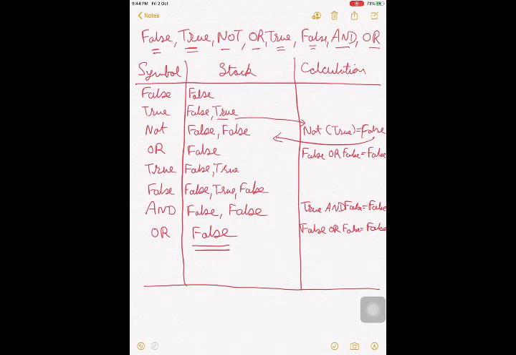Especially the conversion from infix to postfix demands a lot of practice and continuous concentration on the symbols that you are scanning. Okay, if you write a single step incorrect, it will make your complete answer incorrect. So you have to be very careful.